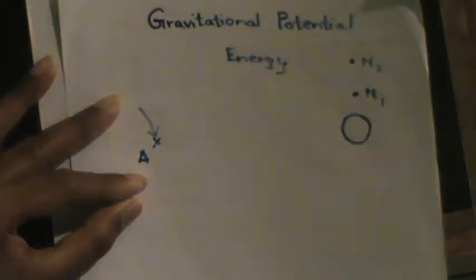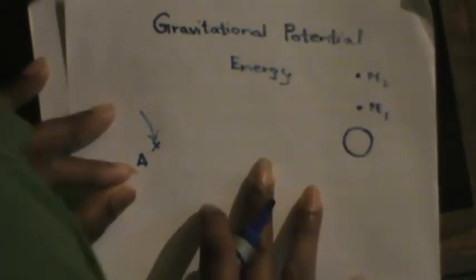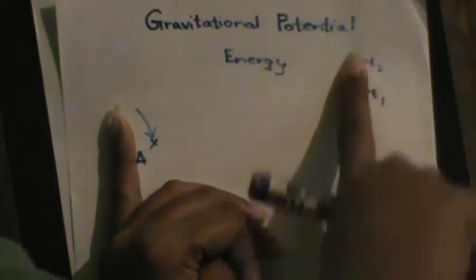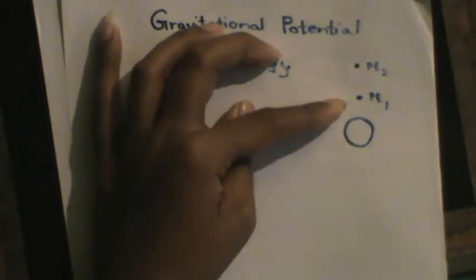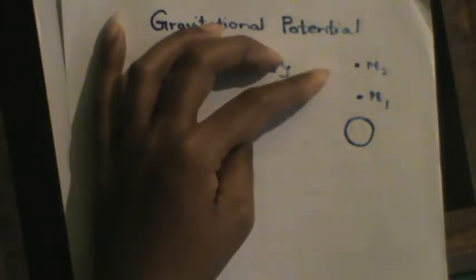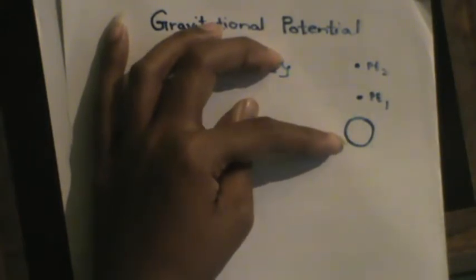Now from the simple theory learned in mechanics, which is W equals mgh, when the height of the object from a fixed point, the earth, is increased, for example the distance between the earth and the ball is increased, you know that the potential energy increases.